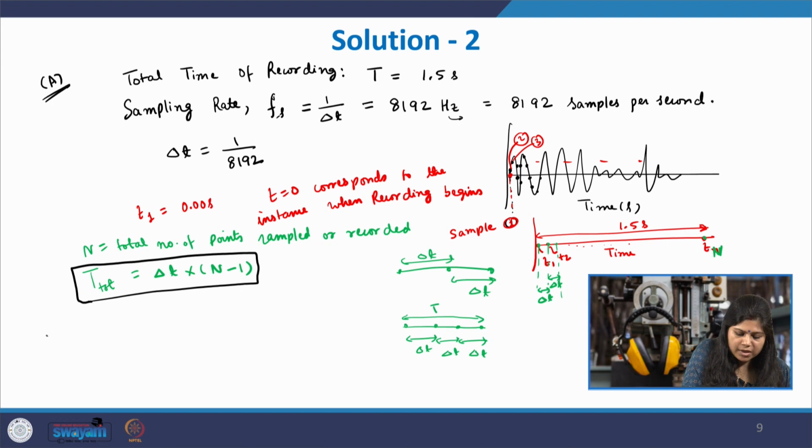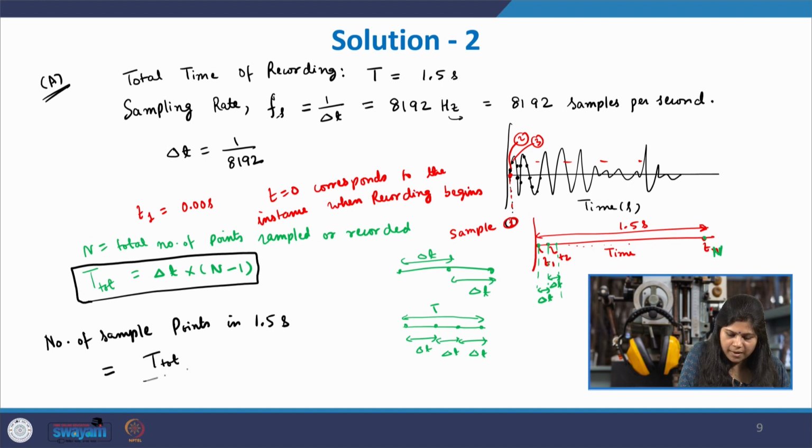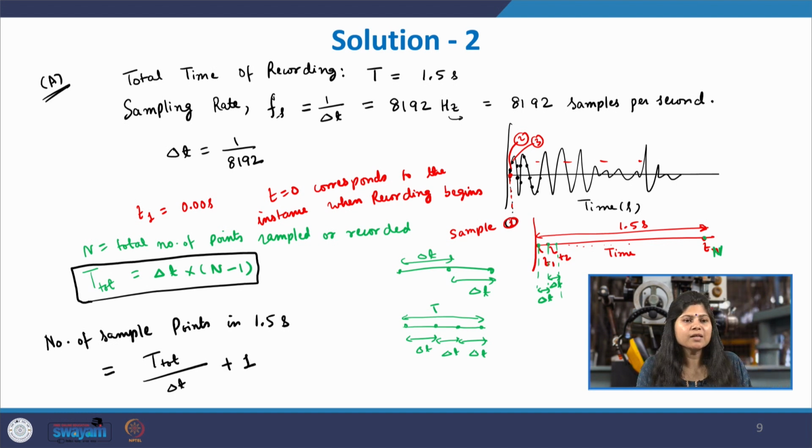So, the number of sample points in 1.5 seconds: if you solve this equation, n minus 1 should be t total by delta t, so n is t total by delta t plus 1, because t total by delta t gives you n minus 1.